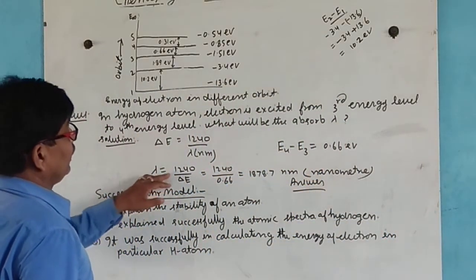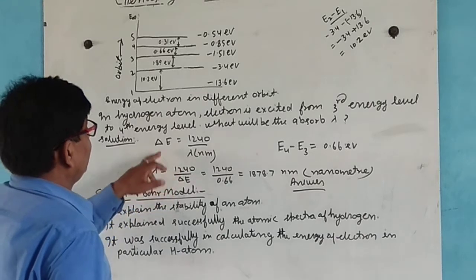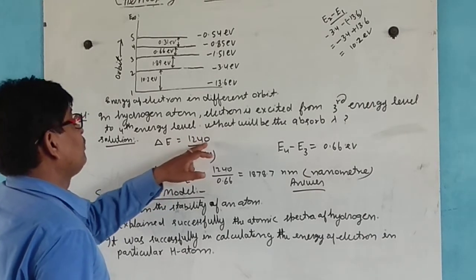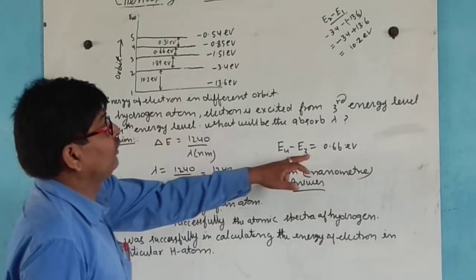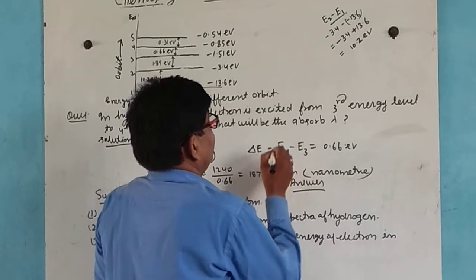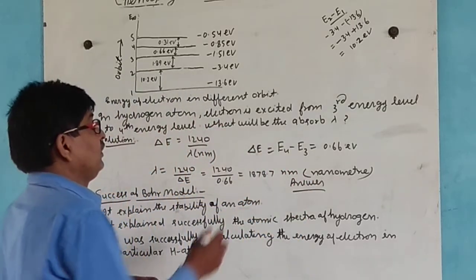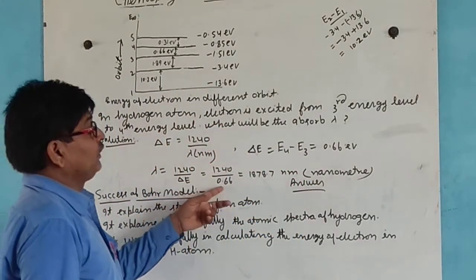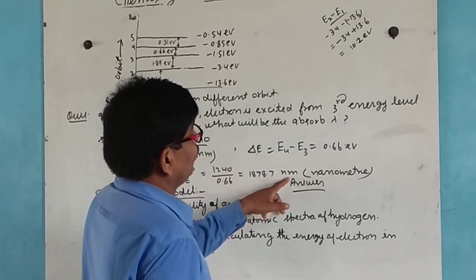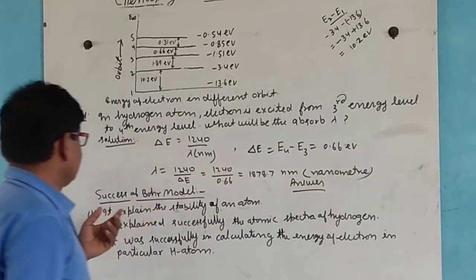Now lambda equals 1240 by delta E, where delta E is E4 minus E3. Now dividing, we get 1078.7 nanometer. This is our answer.